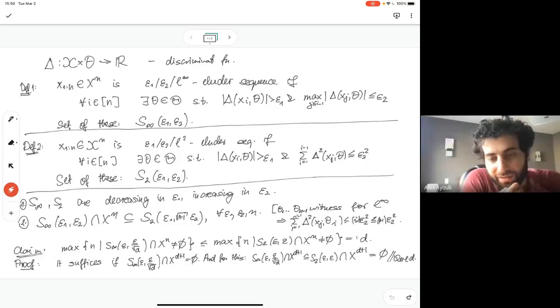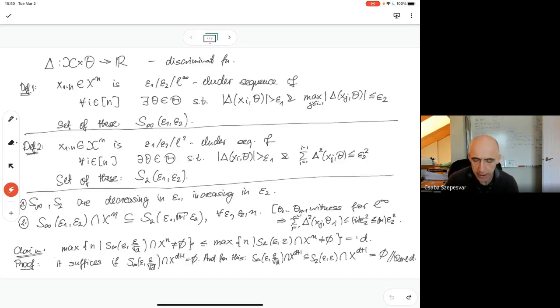For claim 2, what's going on after the arrow? Oh, this is just explaining what I explained in words, saying that if you have these witnesses for the L infinity error, then the claim is that there are going to be witnesses for the L2 error as well. That's how you prove the claim.